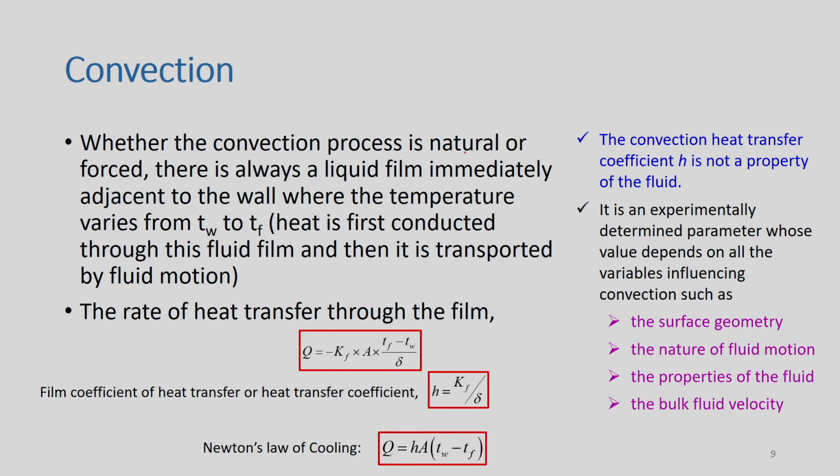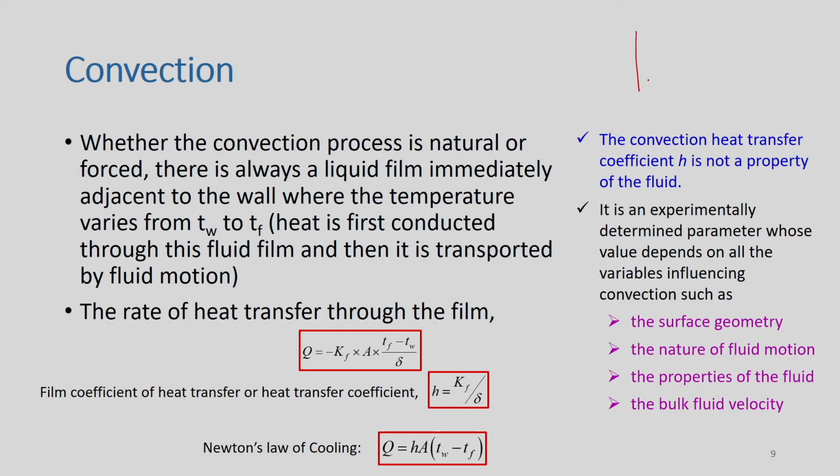Whether the convection process is natural or forced, there is always a liquid film immediately adjacent to the wall where the temperature varies from Tw to Tf. Heat is first conducted through this fluid film and then it is transported by fluid motion.